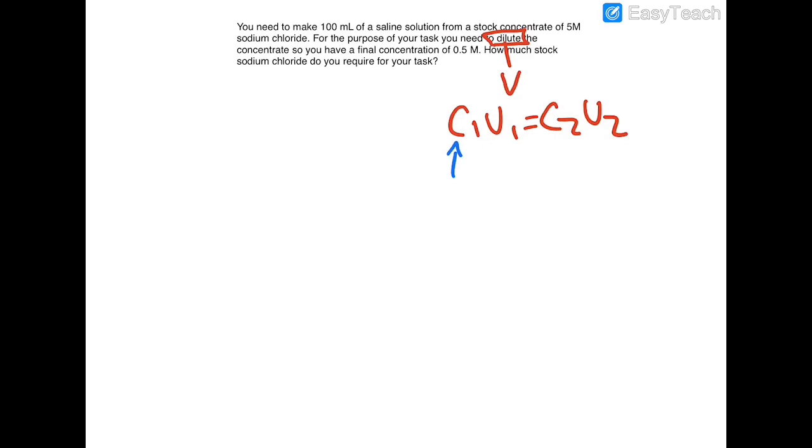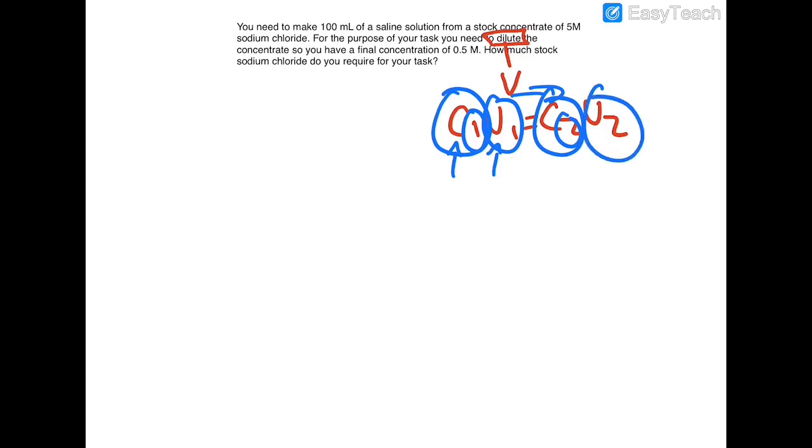C stands for concentration, V stands for volume, 1 means initial, and 2 means final. Therefore, C1 is our initial concentration, V1 is our initial volume, and then after the dilution, C2 is our final concentration, and V2 is the final volume of solution that we are left with.